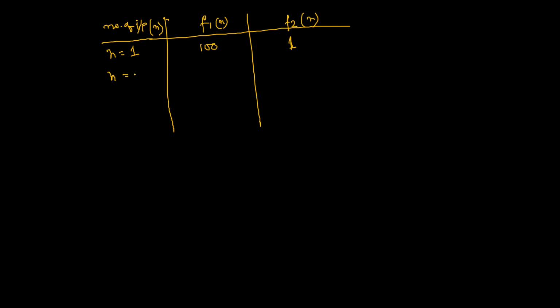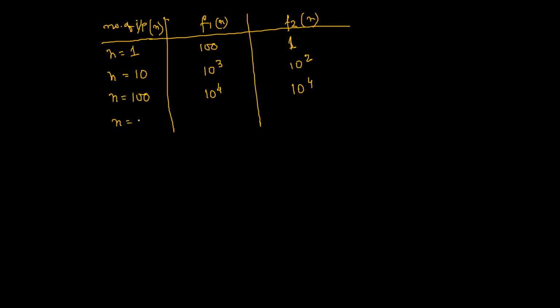Now, if I increase the number of inputs to n equal to 10, f1 becomes 100 into 10, that is 10 to the power 3 units, and f2 becomes 10 square. Now for n equal to 100: f1 is 100 into 100, that is 10 to the power 4, and f2 is 100 square, that is also 10 to the power 4.